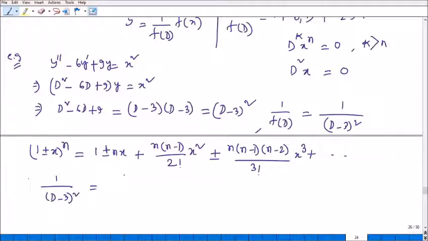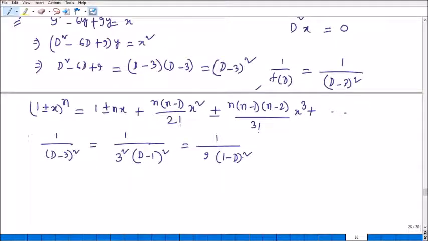Taking 3 common, we can write 3 square into D by 3 minus 1 whole square, which is 9 times 1 minus D by 3 whole square. Now we expand this: 1 by 9 times 1 minus D by 3 to the power minus 2.